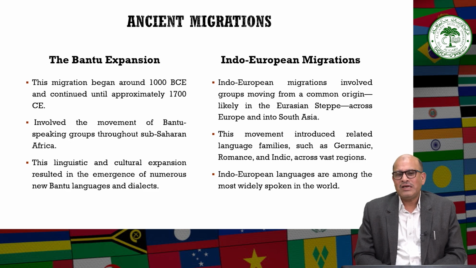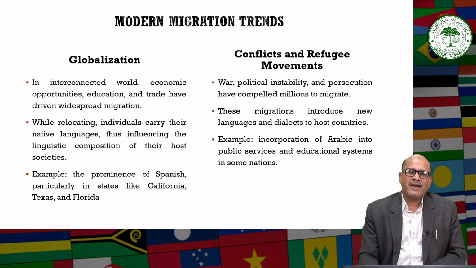This movement introduced related language families such as Germanic, Romance, and Indic across vast regions. Today, Indo-European languages are among the most widely spoken in the world, highlighting the lasting impact of these ancient migrations on the linguistic landscape.